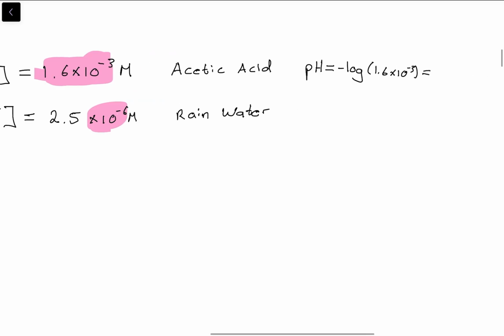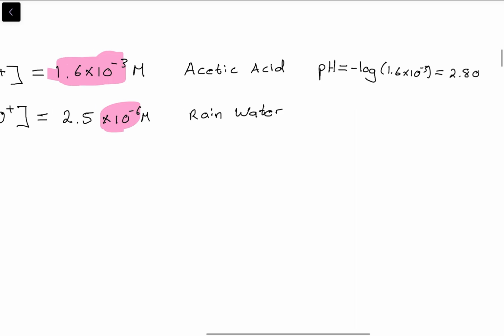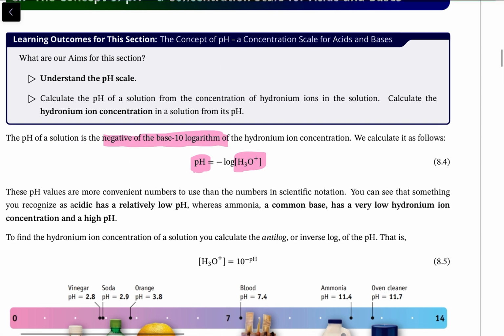You're going to get something like 2.80. All right? And that's much nicer to look at, or much more interpretable.